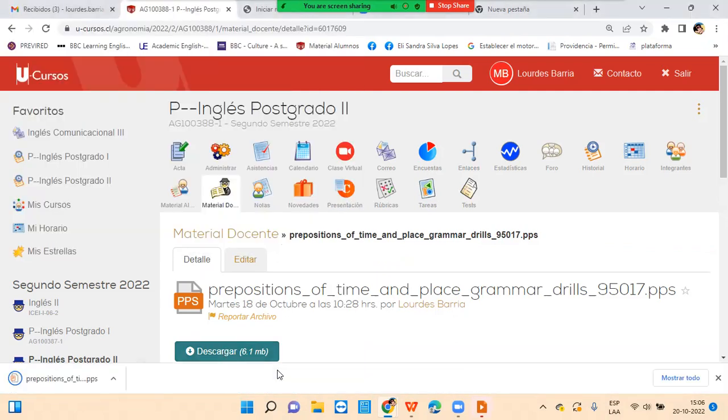Here we have a presentation about the use of in, on, at, used as prepositions of time and prepositions of place. I think it will be easier for you to study this. Let me open it.